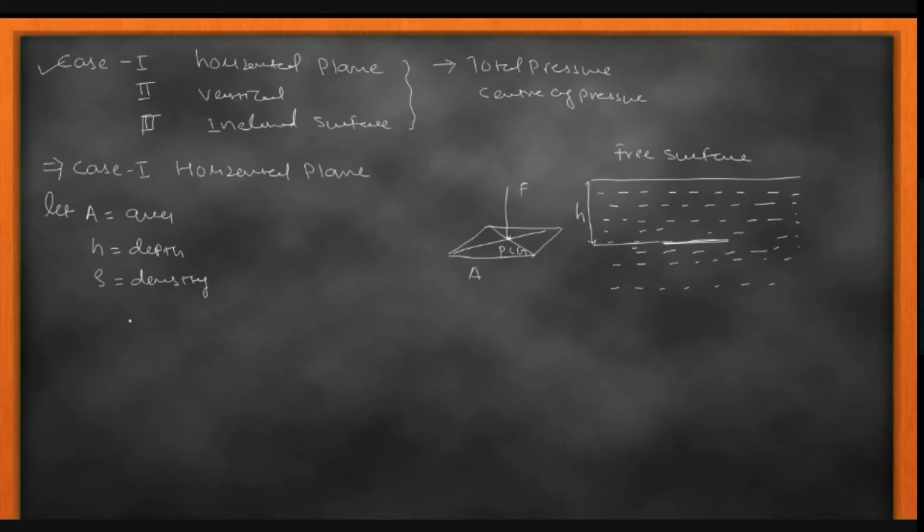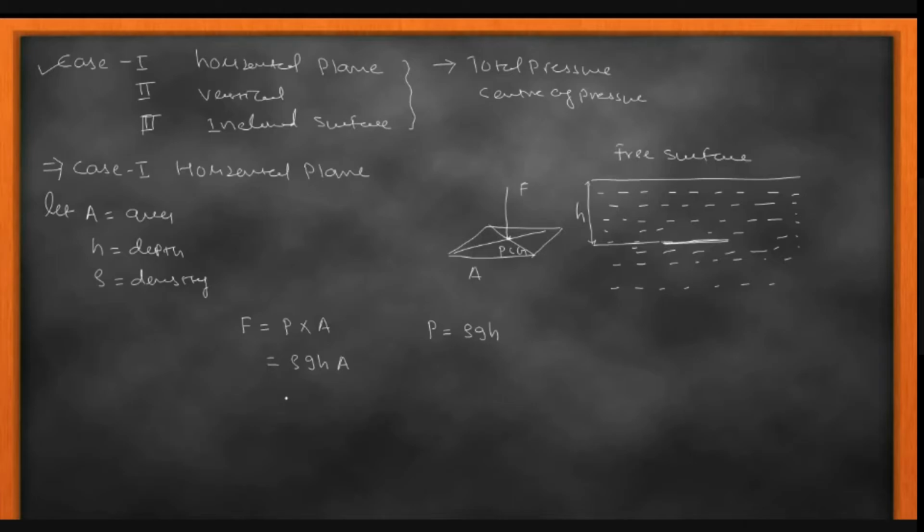So the total force acting over here is the pressure into the area. And we know that when the fluid has a height of h, the pressure acts. We know the formula, the pressure head equals rho g into h. So here we get rho g h into A.